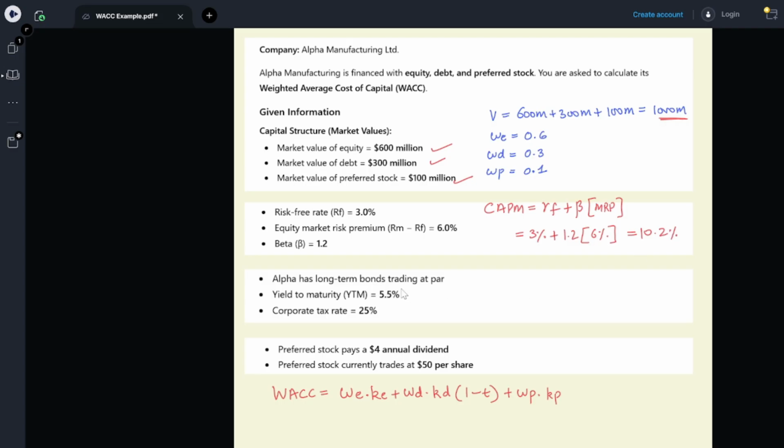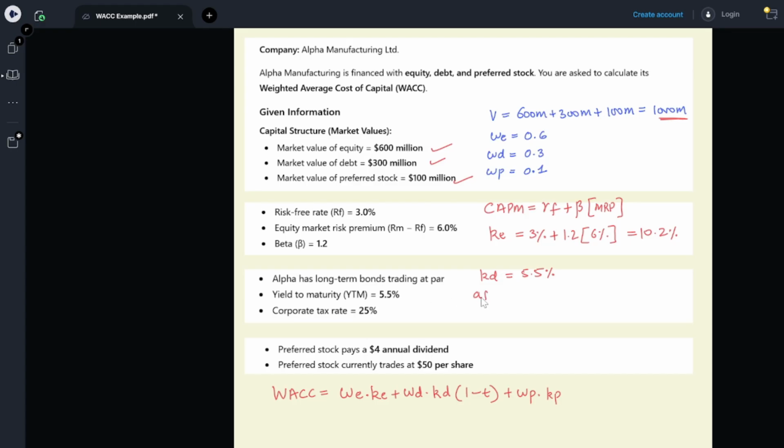YTM, now we're going to calculate the cost of debt. YTM is a single discount factor that sets the future value of a bond's cash flow equal to the price today, and which we're going to use to calculate the cost of debt. So we're going to use the cost of debt as 5.5%. However, we're interested in after-tax cost of debt.